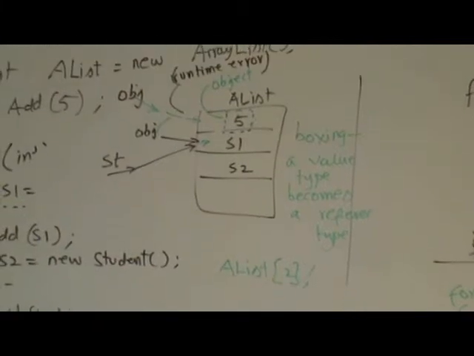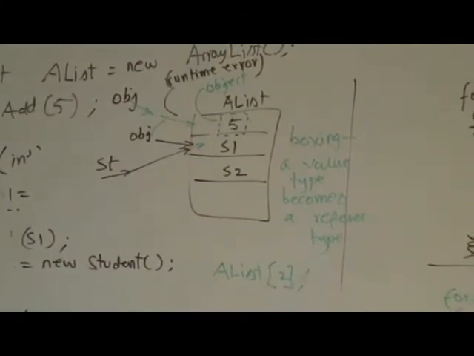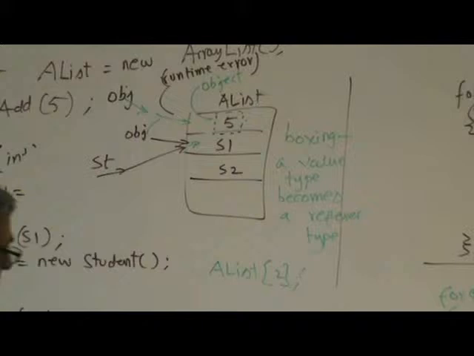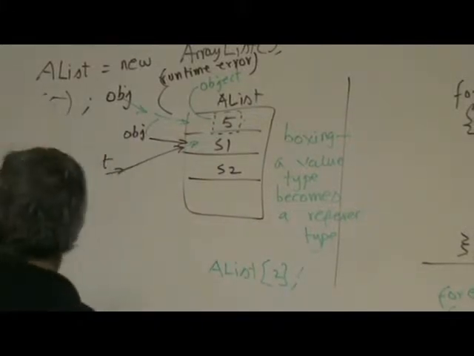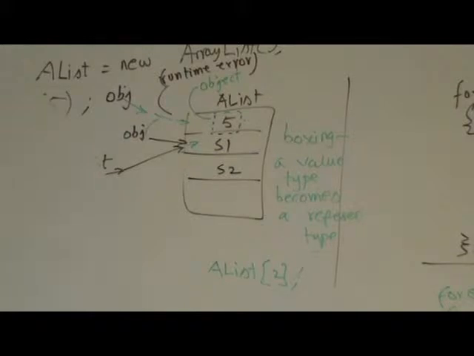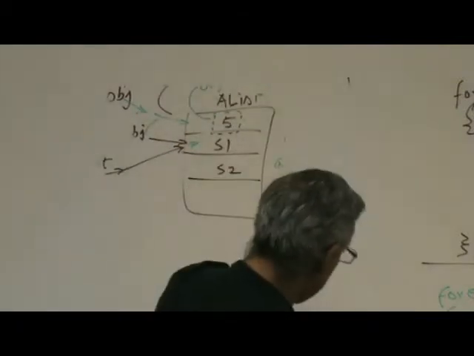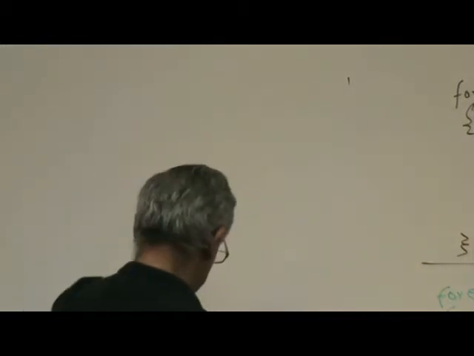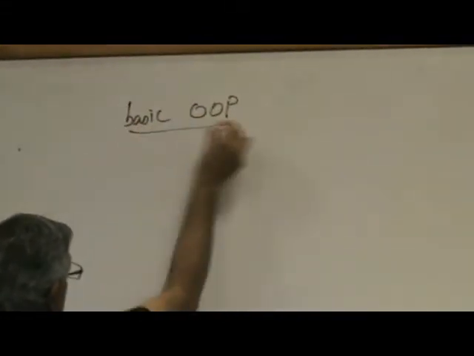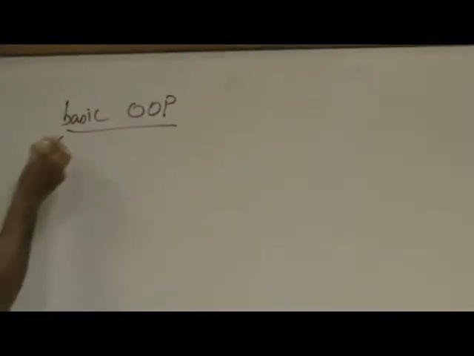Okay, so now let's come back to our last part of basic object-oriented programming and take a look at the concept of indexers. Today we will finish the basic object-oriented programming concepts and how they are supported in C#.